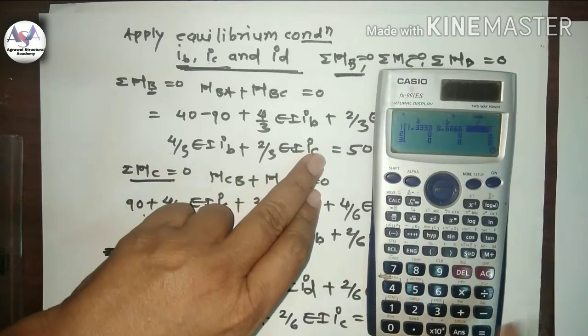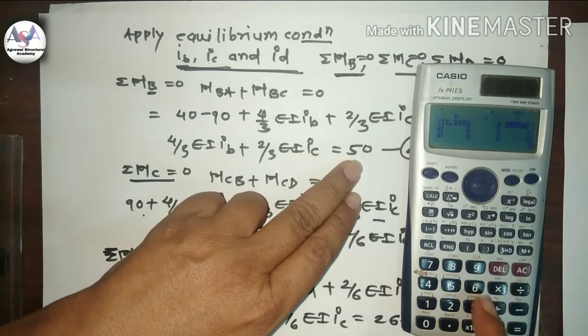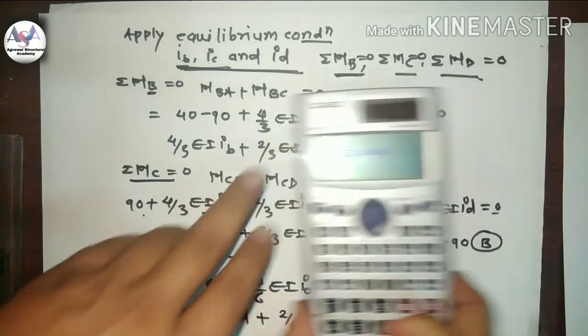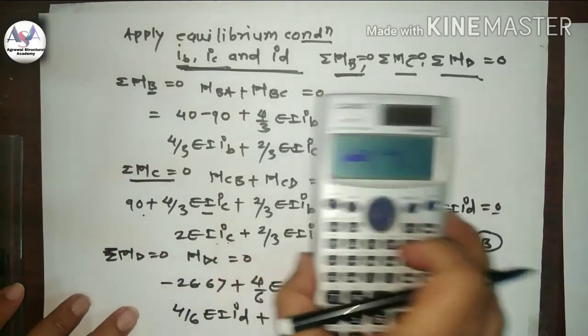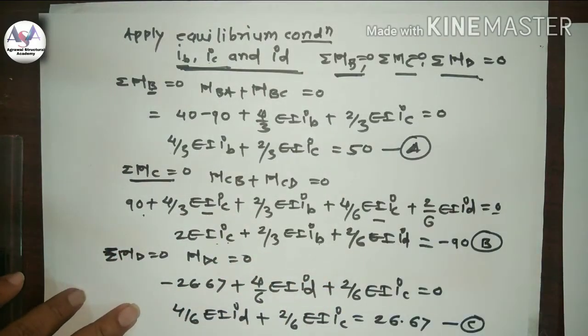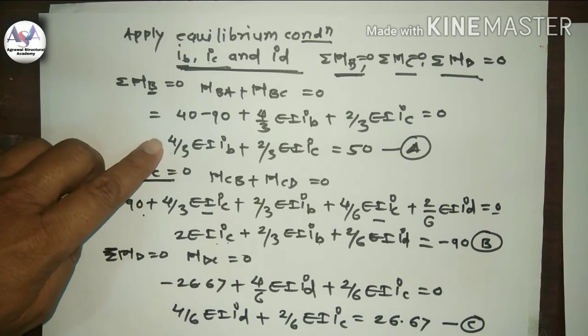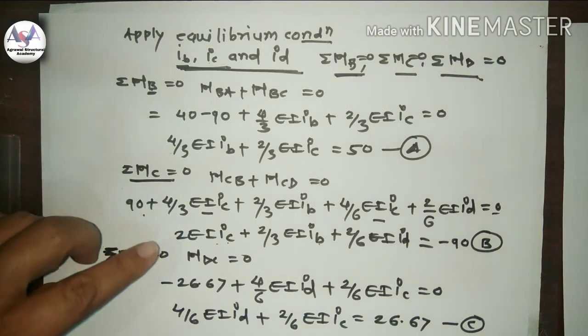Here there is no theta D, so put the value 0, then last is the 50. In this way we have to put all these values and calculate using the A equation, B equation and C equation.